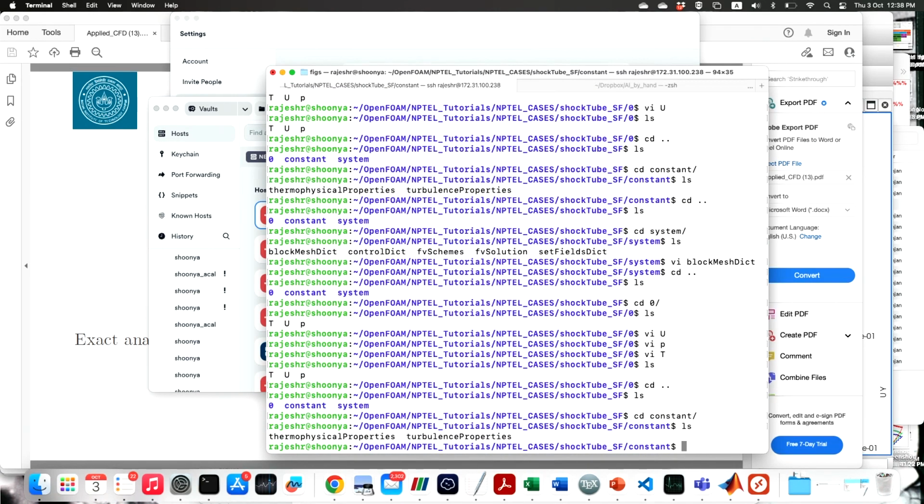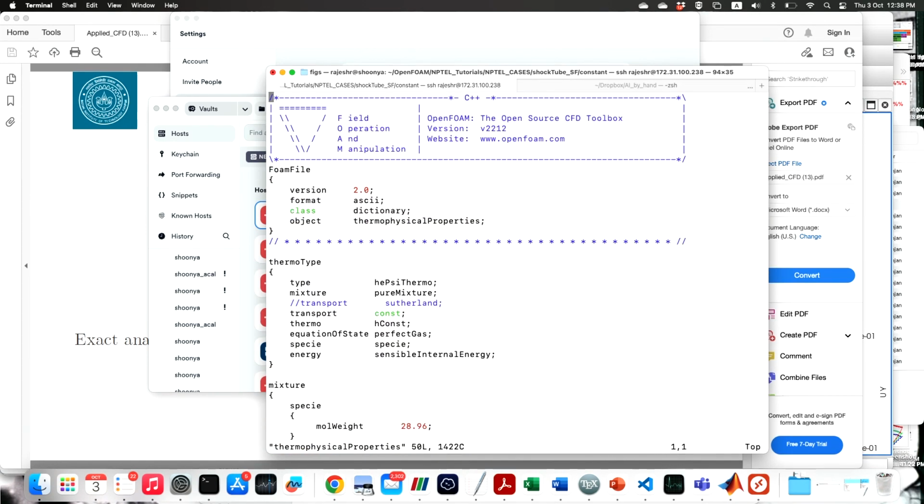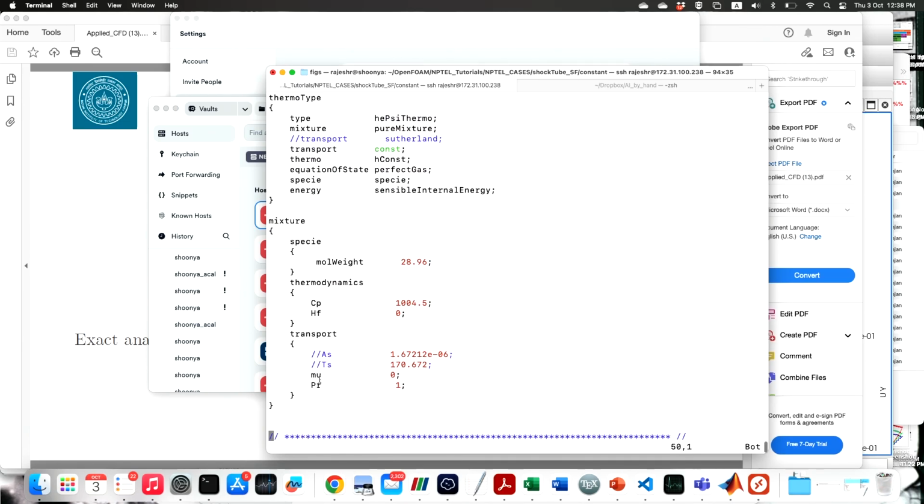And you go to the thermophysical properties. Here you can see that transport I am keeping constant, so I am not using Sutherland's law. I am not asking the solver to vary the viscosity with temperature. You can just keep the viscosity constant, and moreover, because we are comparing with the analytical solution, the viscosity is 0.